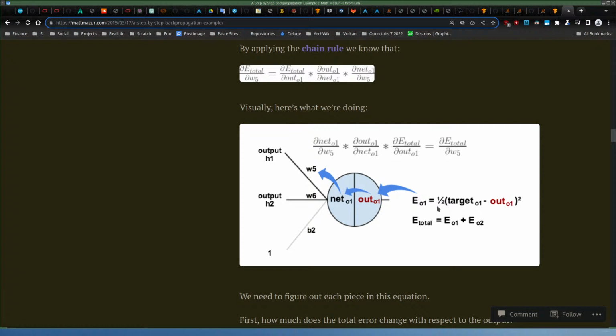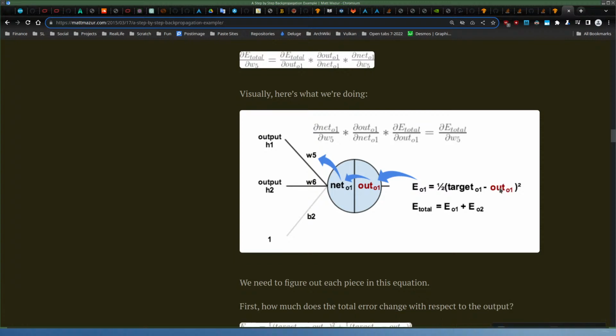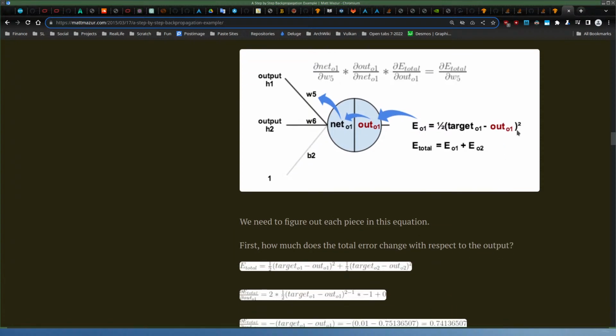So that is half of the target O1 minus out O1 squared. And we can calculate a partial derivative of that relative to out O1, of course, which would give off to the top minus out O1, I think.